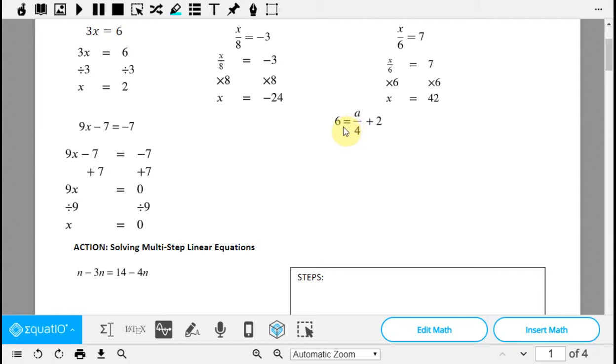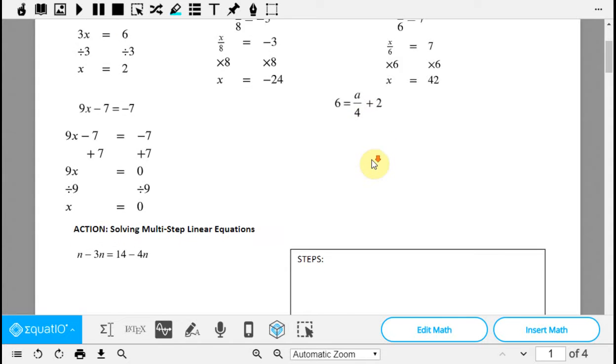And the last question is 6 equals a over 4 plus 2.